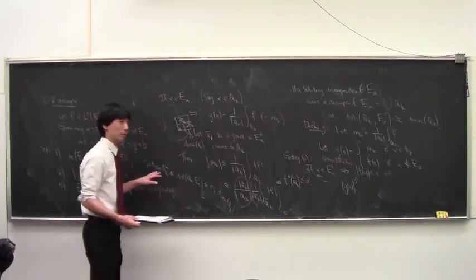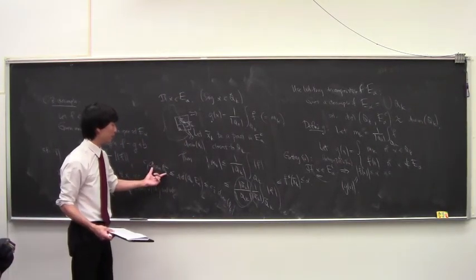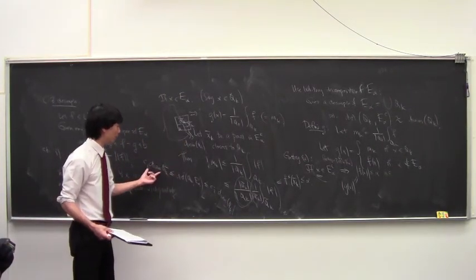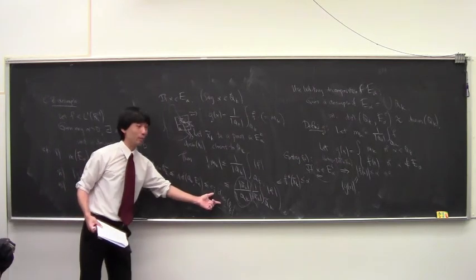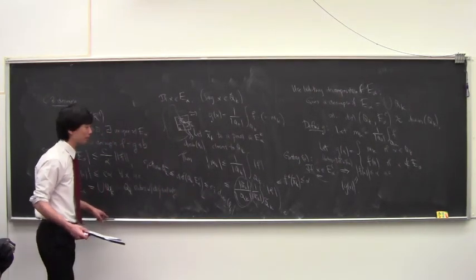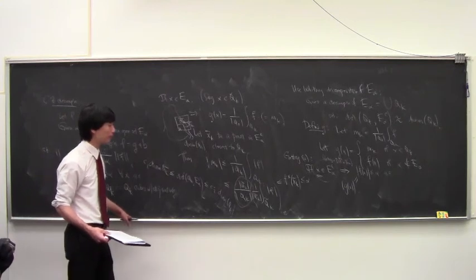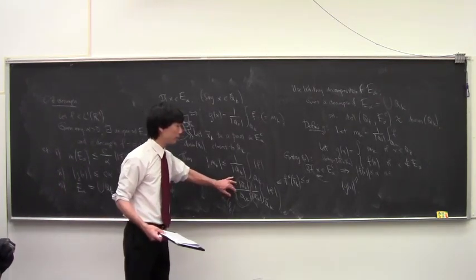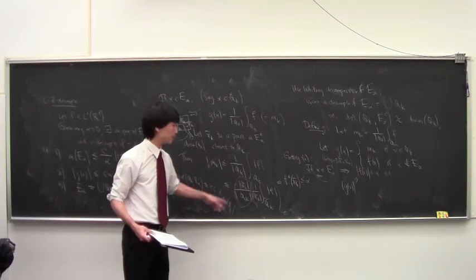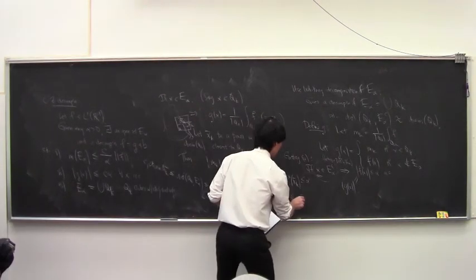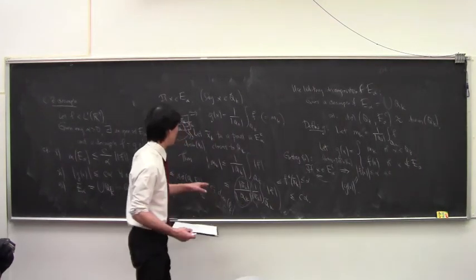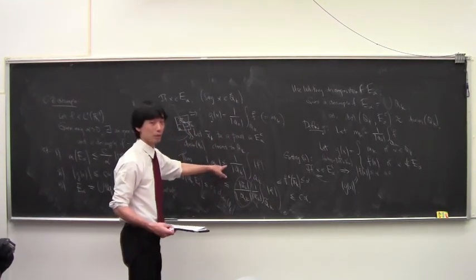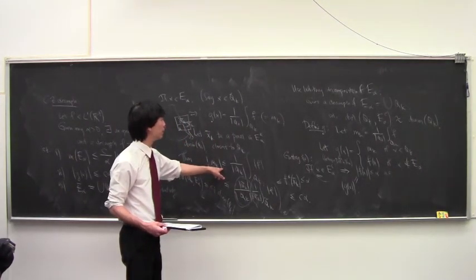That's what I mean by comparable: it's bounded below by some multiple and bounded above by some multiple. So that gives you that the absolute value of M k is controlled by C alpha.